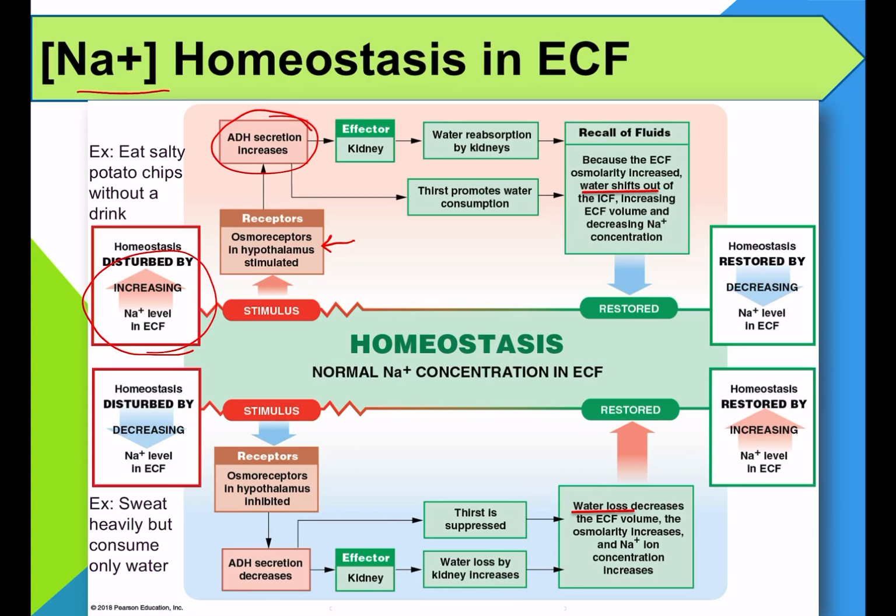Because you have too much sodium content, you have to dilute that out, so ADH increases to reabsorb more water in the kidneys and also promote thirst. Now, because ECF osmolarity has increased, you have so much salt, water is going to move out of the ICF into the ECF like I was talking about. That will increase your ECF volume and decrease your sodium concentration, in a sense restoring your sodium levels back down.